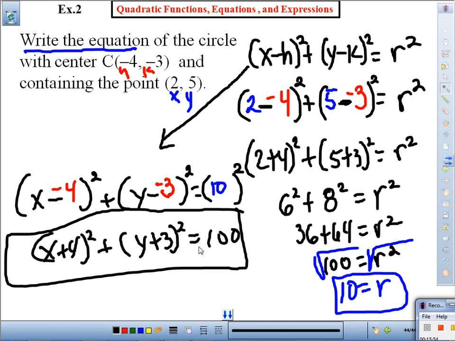Example 2Q. All right, here we go. Copy that one.